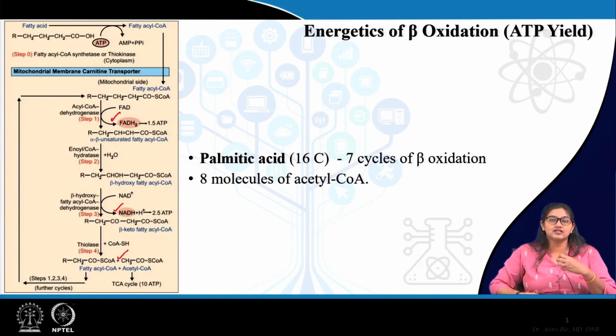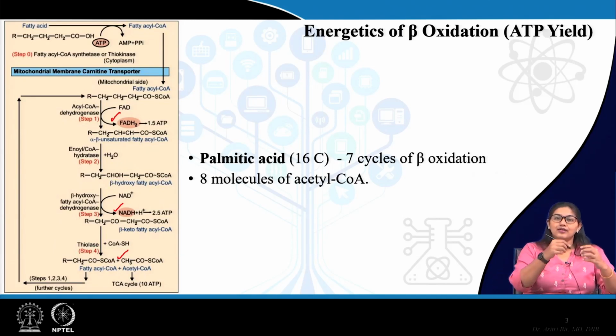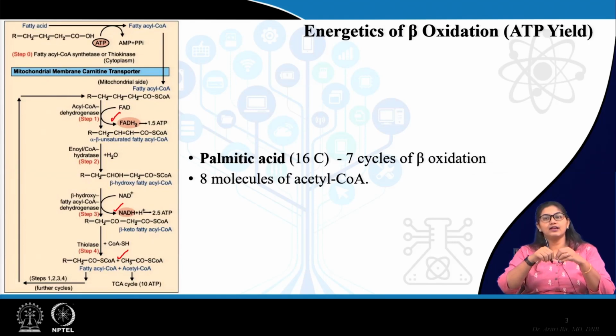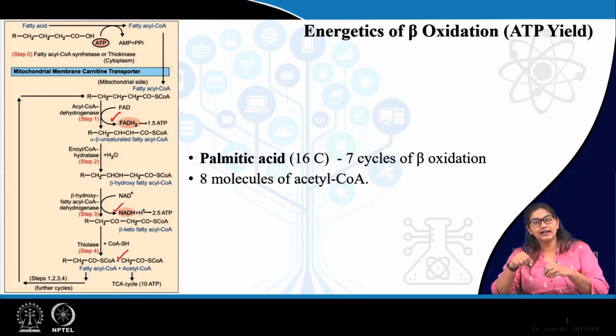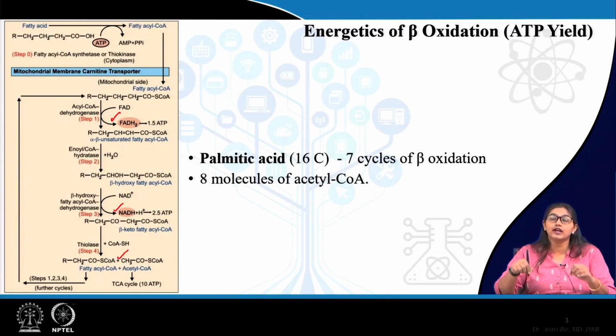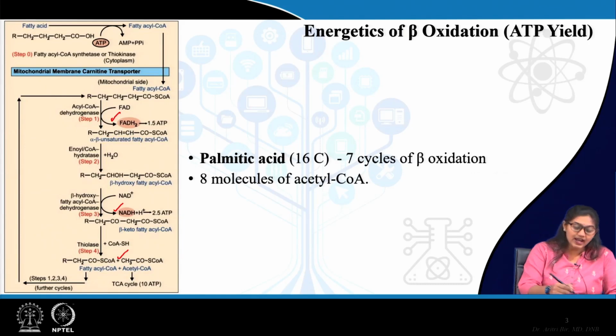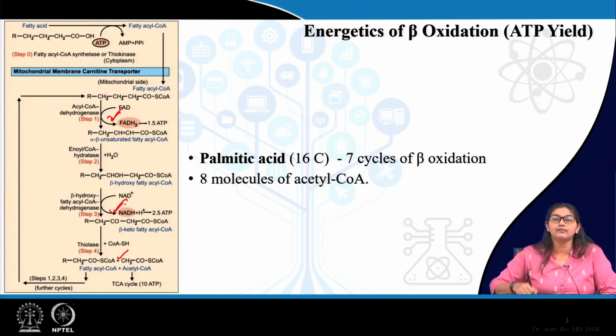How? Remember, acetyl coenzyme A enters the TCA cycle, which is located in mitochondria. So, beta oxidation occurs in mitochondria, and the product acetyl coenzyme A can directly enter the TCA cycle, which is in mitochondria. Similarly, the electron transport chain is also inside mitochondria. So, FADH2 and NADH are also formed inside mitochondria and can enter the mitochondrial electron transport chain.